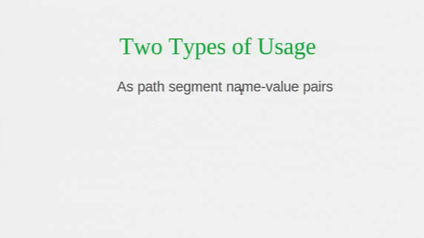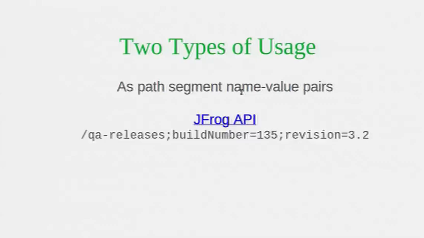One of them is what you would expect, which is the path segment name value pairs. This is an actual example from JFrog, the company that makes Artifactory, which is where we're now hosting our artifacts. The URL can be much longer, but there wasn't enough space here.